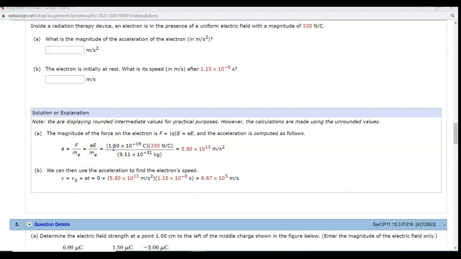Okay, so we have our little e, 1.6 times 10 to the negative 19th, times the 330 newtons per coulomb that was given, divided by me, which is 9.11 times 10 to the negative 31st. And that gives you your acceleration. You can then use the acceleration to find the speed, the acceleration times the time. So we take the acceleration we find here and multiply that times the time period that was given.